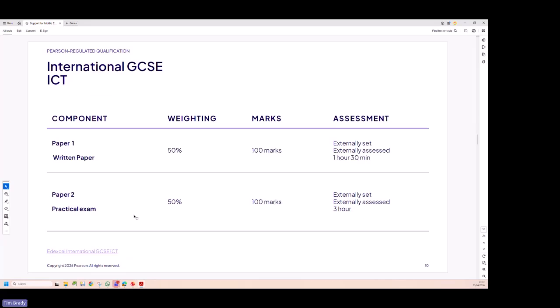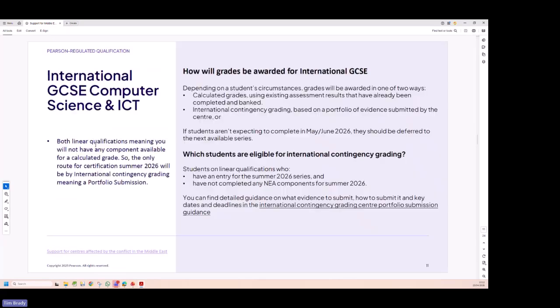So these are both linear qualifications, which means that again, there are only two options, one of which is to defer to the next assessment window, which for ICT could be November 26, if things have come back to being operational by then, or for IG Computer Science, it would be summer 27.